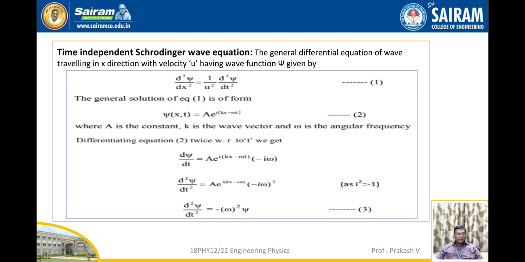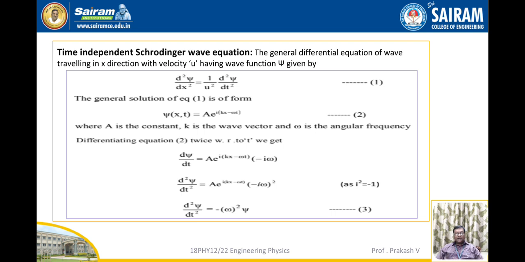Here A is a constant, k is the wave vector and omega is the angular frequency. Differentiating equation number 2 with respect to time t, we get d psi by dt is equal to A into e to the power of i into (kx minus omega t) multiplied by minus i omega.